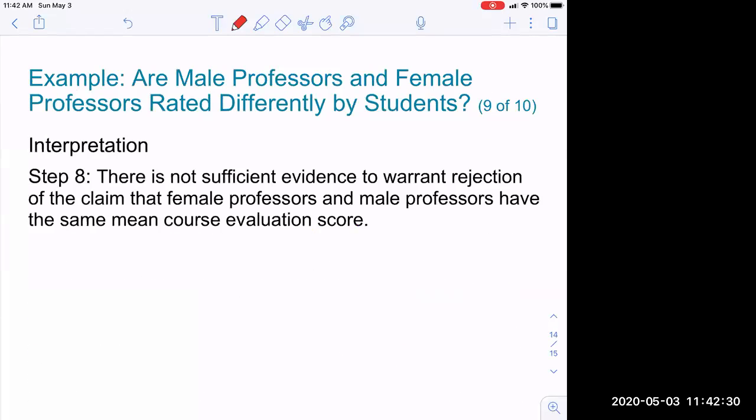There it is. We don't have sufficient evidence to reject the claim that female professors and male professors have the same mean course evaluation score. We could not reject this that said they had the same. We failed to reject. And so that's basically this section. I'll do some problems in class.